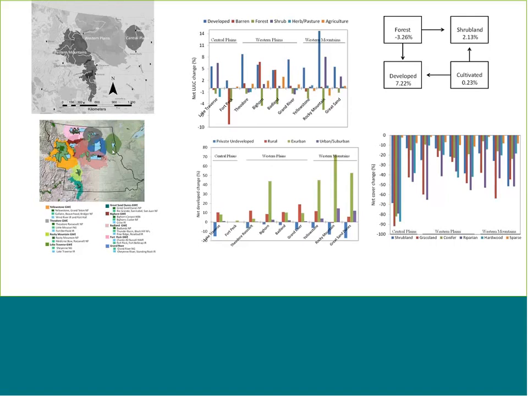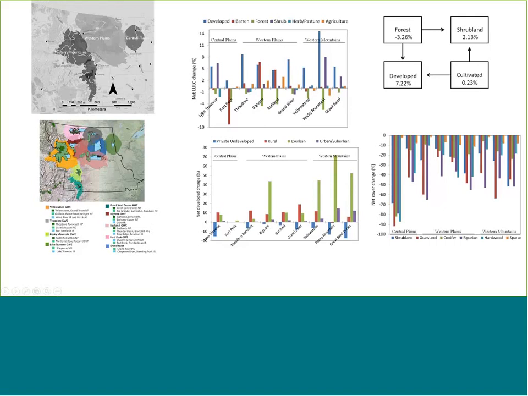And fundamentally, our analysis asks about rates of land use change from 2001 to 2010, and then the extent to which natural habitat types have been fragmented since Euro-American settlement in each of these.